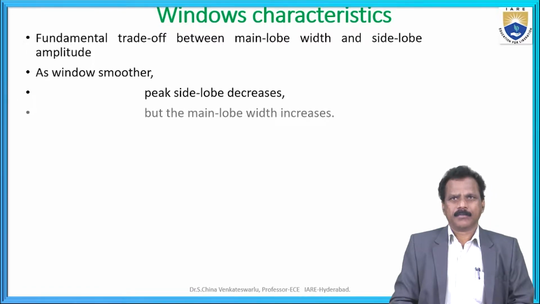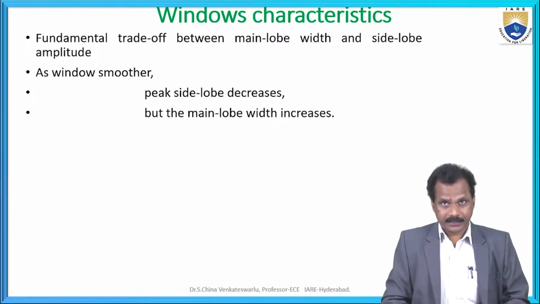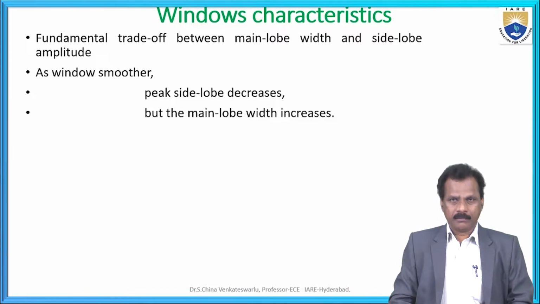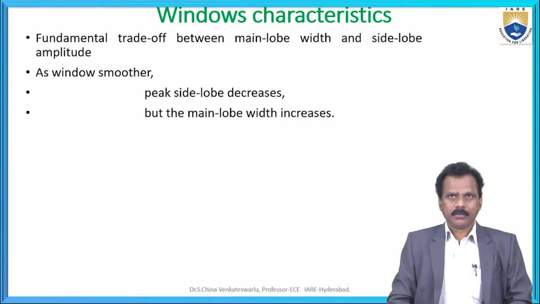That's the main characteristic. But the main lobe width increases. This is the interlink between side lobes and main lobes: side lobes decrease, main lobe width increases. This is the major characteristic while we are using windowing techniques.